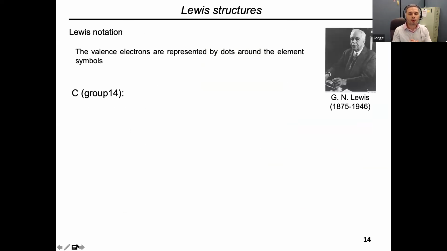Okay, so let's talk a little bit about the Lewis notation. The Lewis notation is very useful when we have covalent bonds. And that kind of notation will represent the valence electrons by dots around the element symbols.